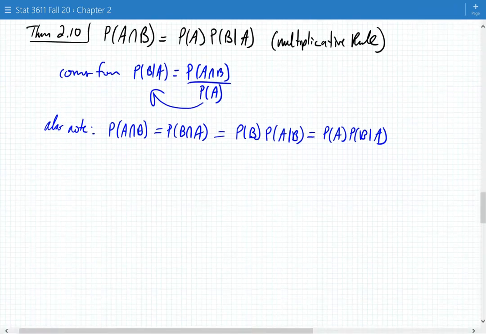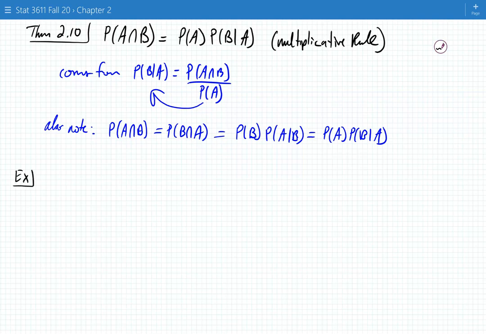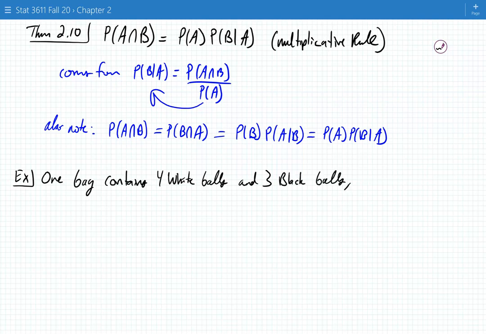Multiplicative rule. Let's do an example here with the multiplicative rule coming into play. Let's say we have one bag that contains 4 white balls and 3 black balls.